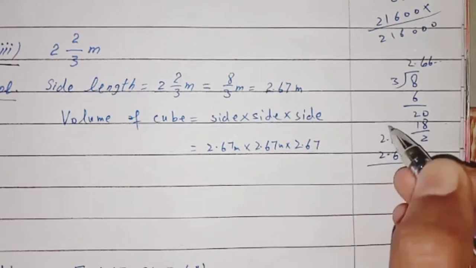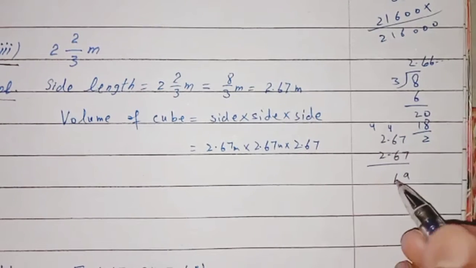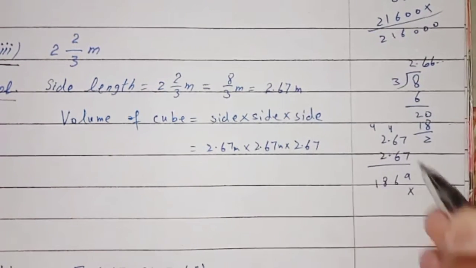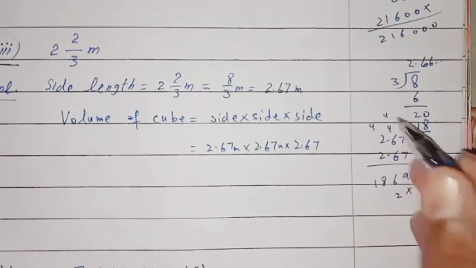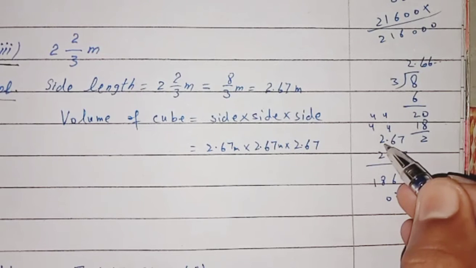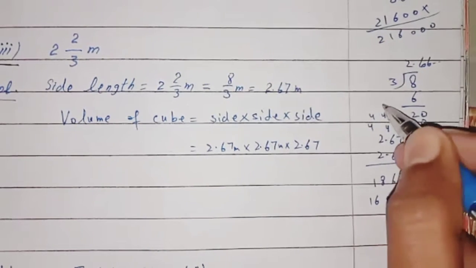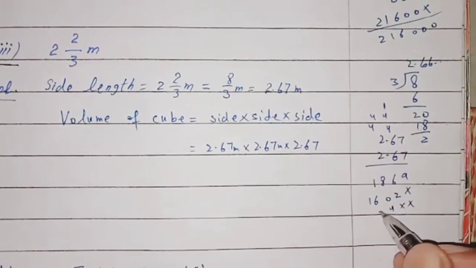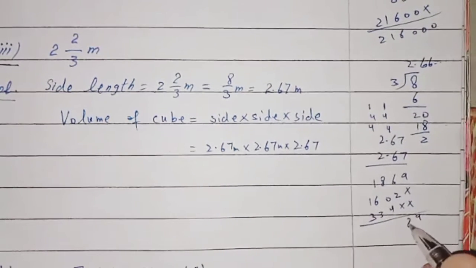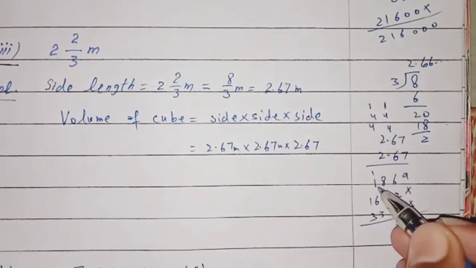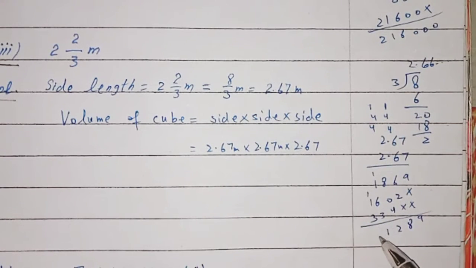7 7s are 49, 4 7 6s are 42 and 4 is 46, 7 2s are 14 and 4 is 18. 6 7s are 42, 4 will be there, 6 6s are 36 and 4 is 40, 6 2s are 12 and 4 is 16. 2 7s are 14, 2 6s are 12 and 1 is 13, 2 2s are 4 and 1 is 5. 9, 8, 8 and 4 is 12, 1 and 1 is 2, 2 and 6 is 8, 8 and 3 is 11, 1 and 1 is 2, 2 and 3 is 5.